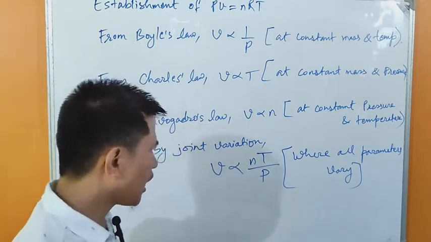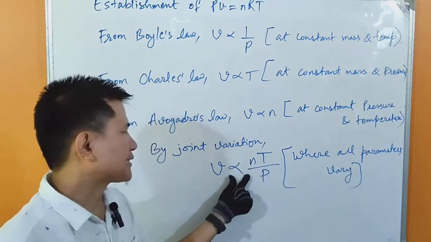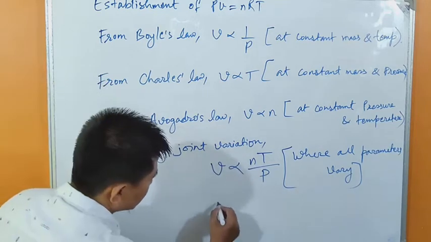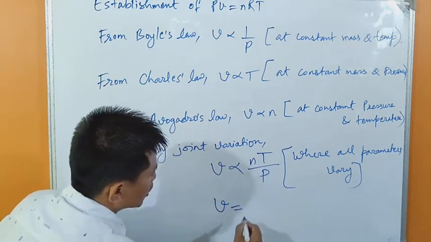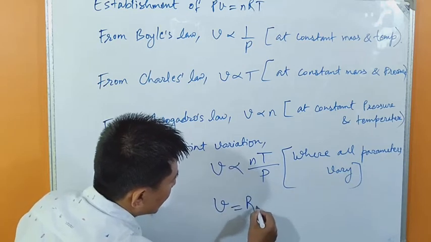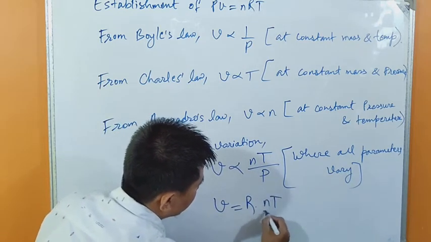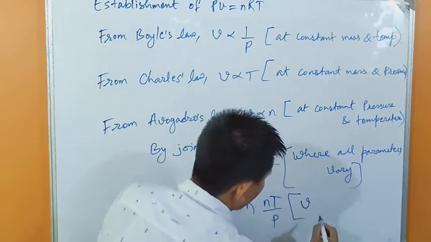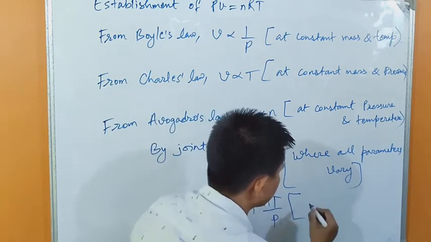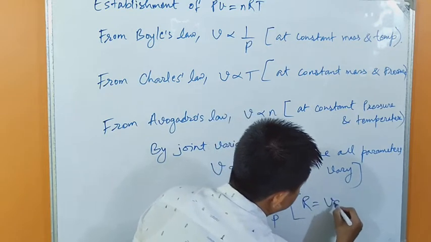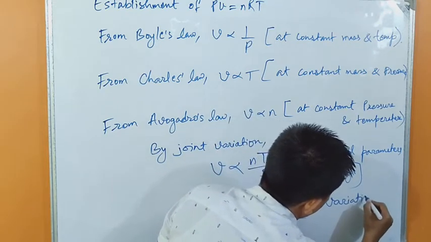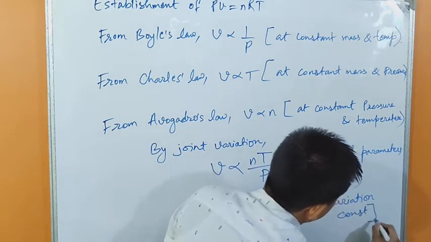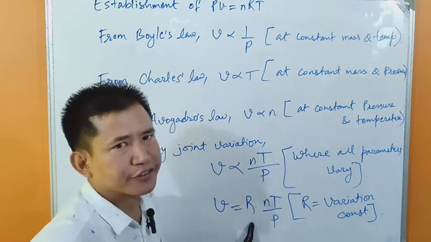Okay, now when we replace the sign of variation with equal to sign, we need to introduce a constant. We know that V equal to, suppose I introduce a constant R here, nT upon P. This R is a variation constant, and this variation constant is called universal gas constant.